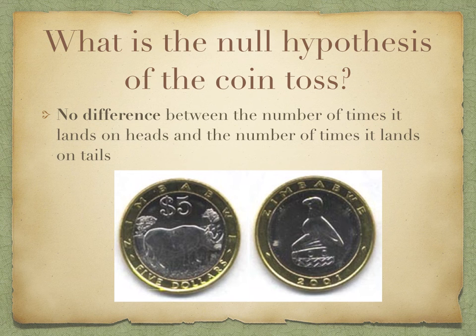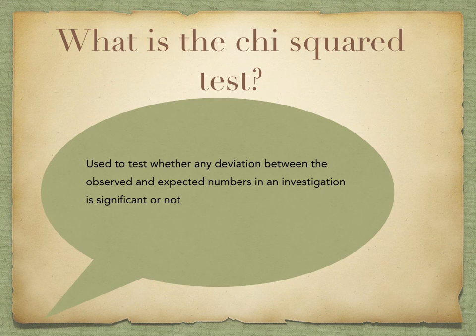The chi-squared test is a means of testing whether any deviation between the observed and expected numbers in an investigation is significant or not. So we'd test whether the difference in the results that we got from the coin tossing and what we expected was significant or whether it was due to chance.